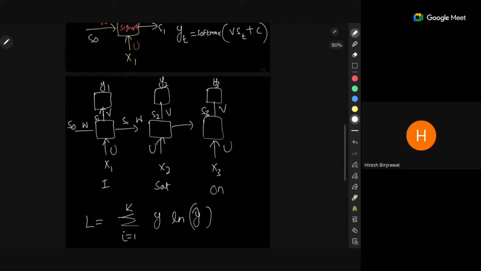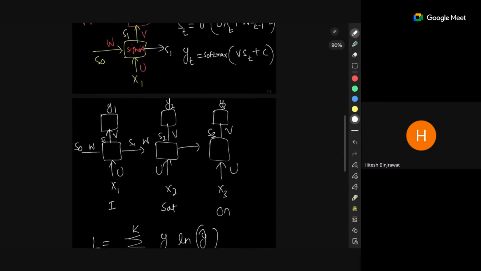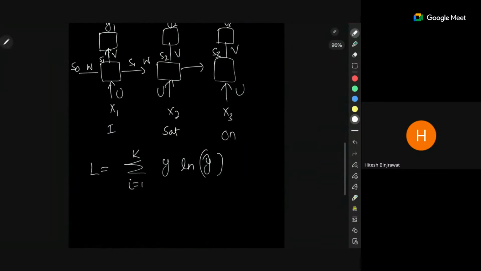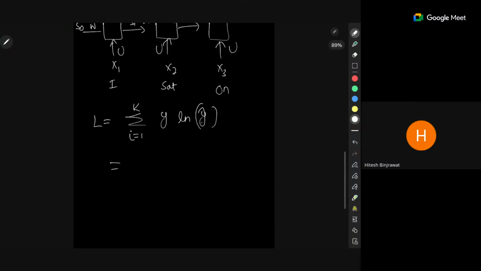So this is what we do, and you have seen that I've used a one hot vector for this, right? Some of these terms will go away, and finally you will get some y at each time point. So it should be negative also. So this is the equation, and you have to do backpropagation for that.